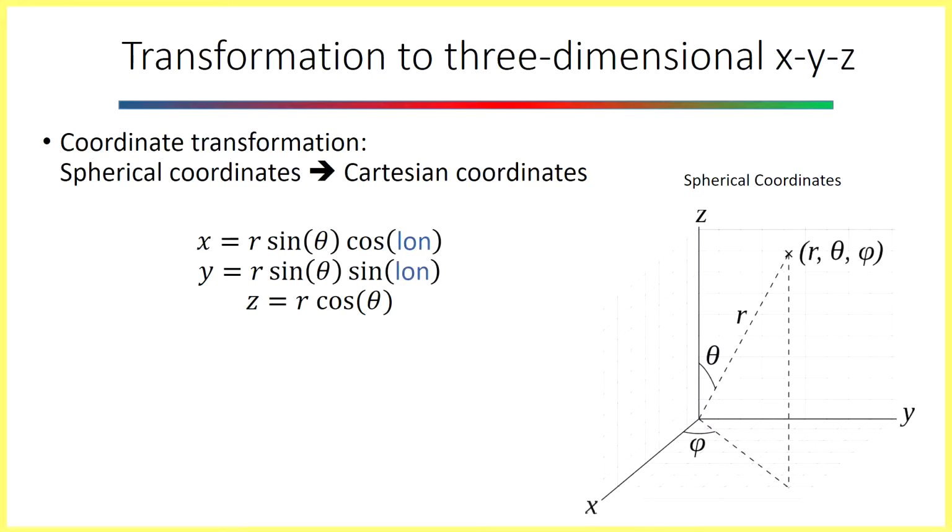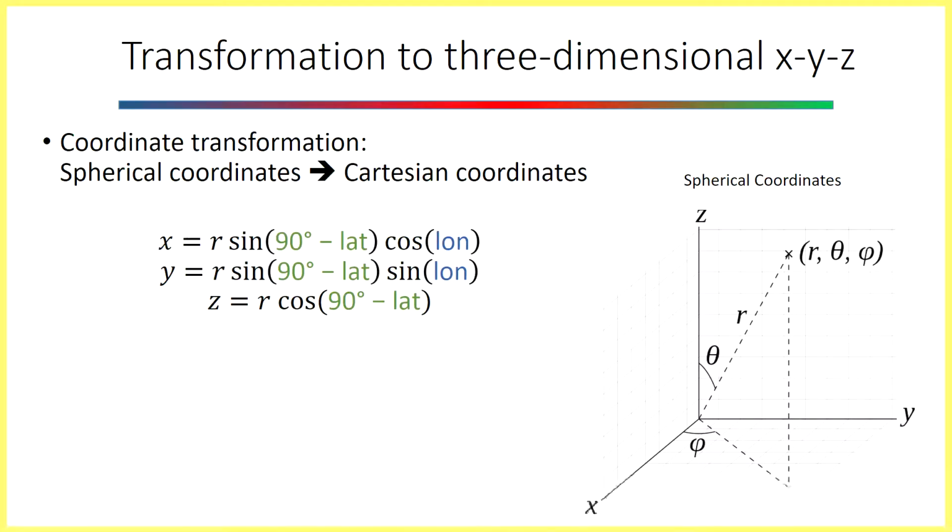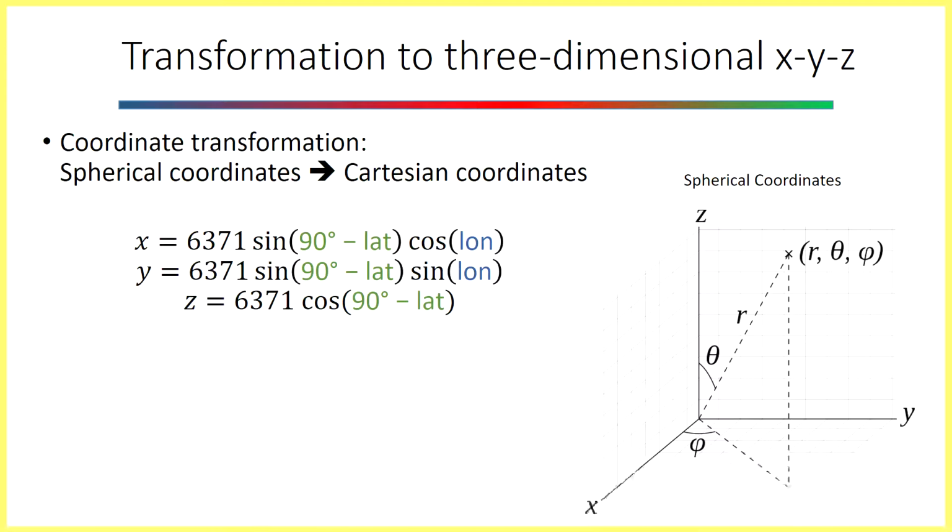We determined previously that phi is simply the longitude, so it is really simple to just plug in longitude for phi. We also determined that theta equals 90 degrees minus the latitude, so we can plug that in as well. And finally, we use the radius of the Earth, estimated as 6,371 kilometers, for r.